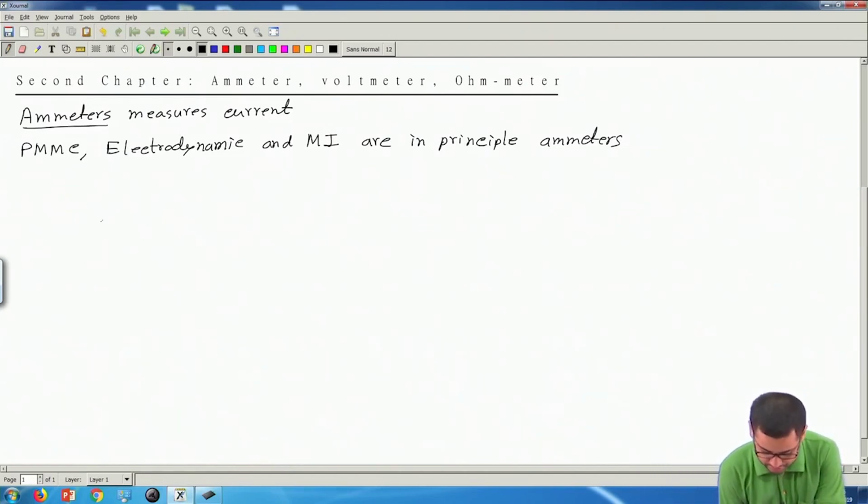Now, suppose I have a circuit which can be very complicated. Let me take a circuit; you can think of a very complicated circuit.